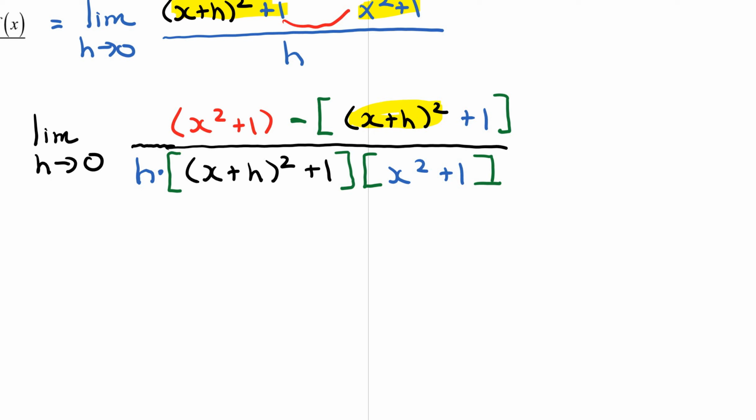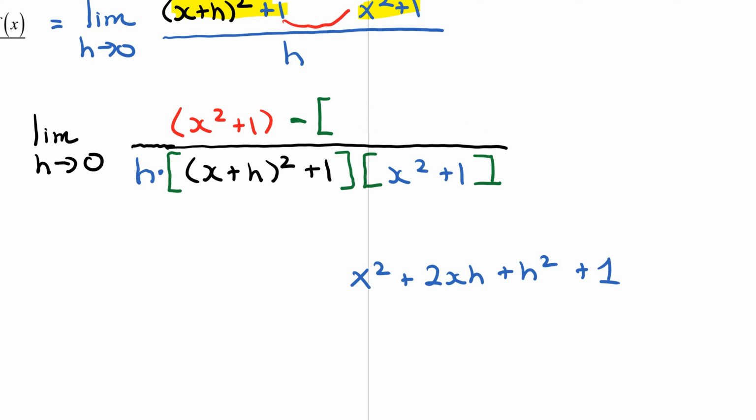If we apply the square double square technique, and this is where you might want to watch the video before you start writing things down in your notes, we get x squared plus 2xh plus h squared, and then there's a plus 1, right? So if I erase all this, I now have x squared plus 2xh plus h squared plus the 1.